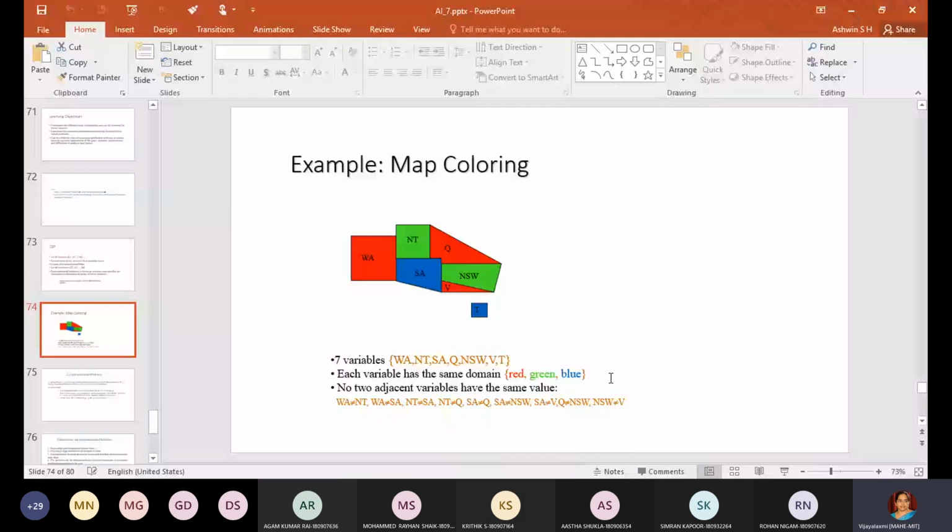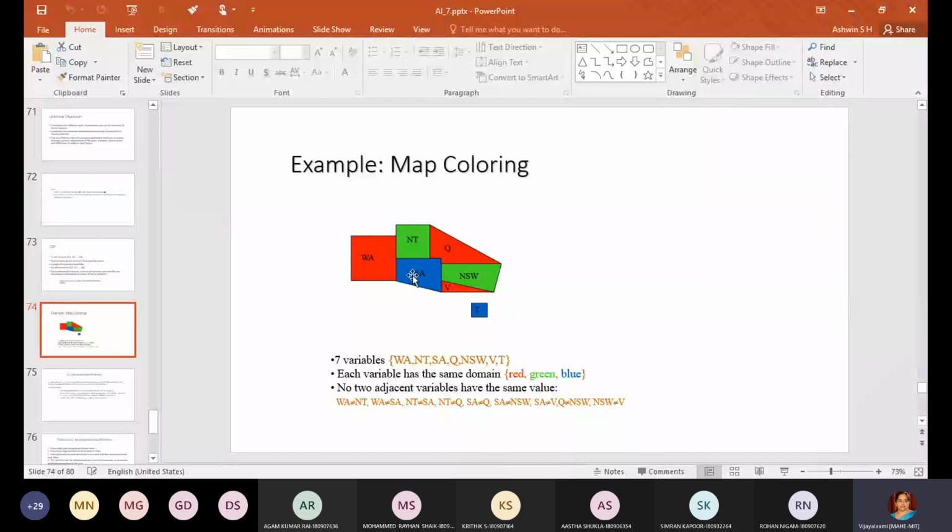That means when you color WA red, for example, then neither NT nor SA should have red color. So you have to go for other colors based on the availability in the domain. Then if you have colored NT and SA using green and blue, you have to see to it that the states Q, NSW, and V do not get the same adjacent colors.